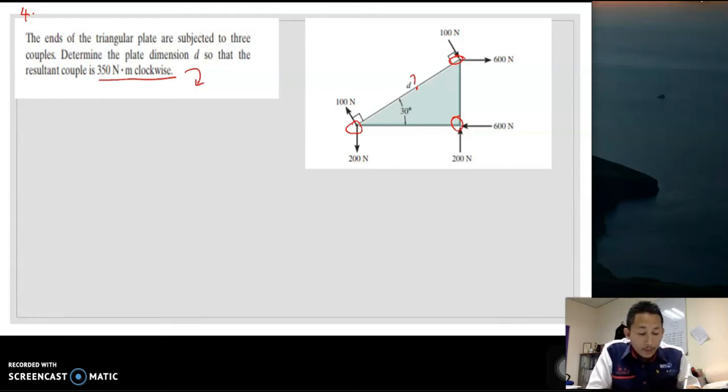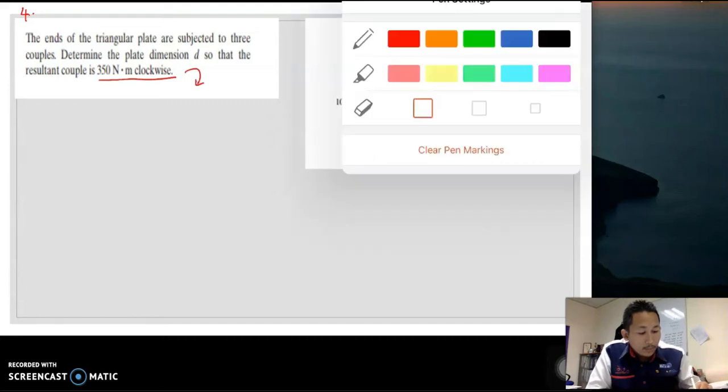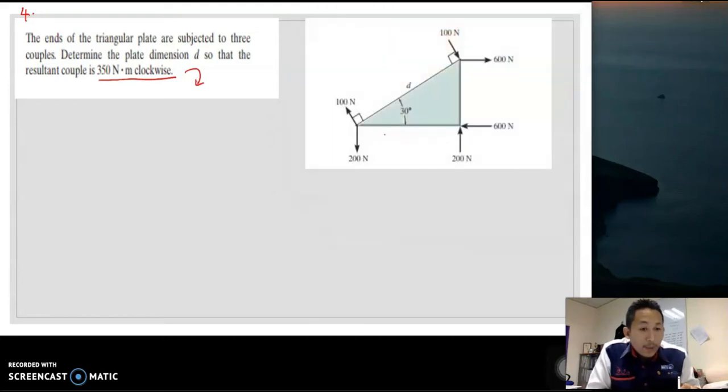We just put here as A. So we want to calculate our moment at A, depending on the forces given. From the figure, for the moment at A, this force will be cancelled because there is no distance.